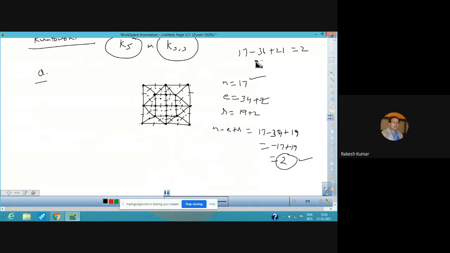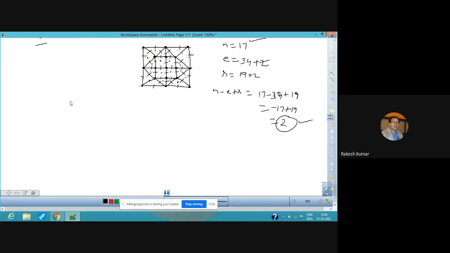Now, we have the important term of graph theory, that is graph coloring. That is, how we can color a graph. Graph coloring means we have to paint the vertices of a graph. Just see, this is a graph we have. Join these edges. This is the graph G, and we have to color the vertices of the graph.